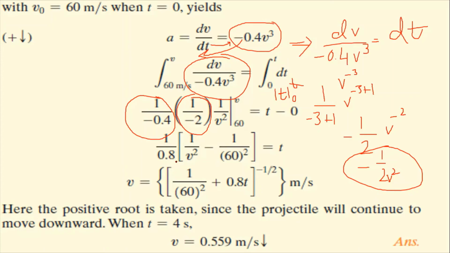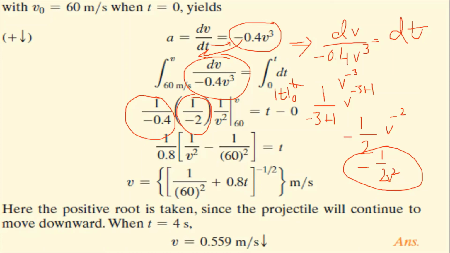When we apply the limit here, it will become 1 upon v squared minus 1 upon 60 squared. And this minus minus becomes plus. So when we multiply 2 into 0.4, it will become 1 upon 0.8, times 1 upon v squared minus 1 upon 60 squared.